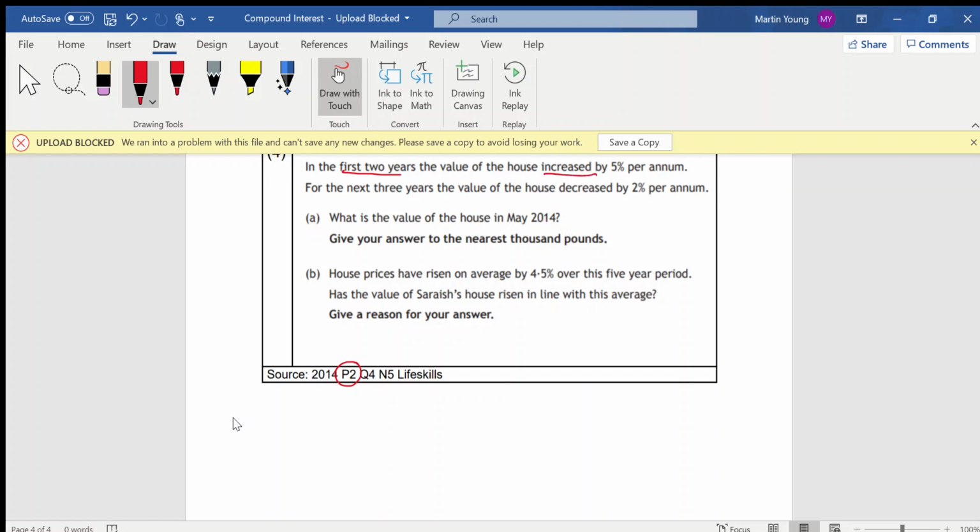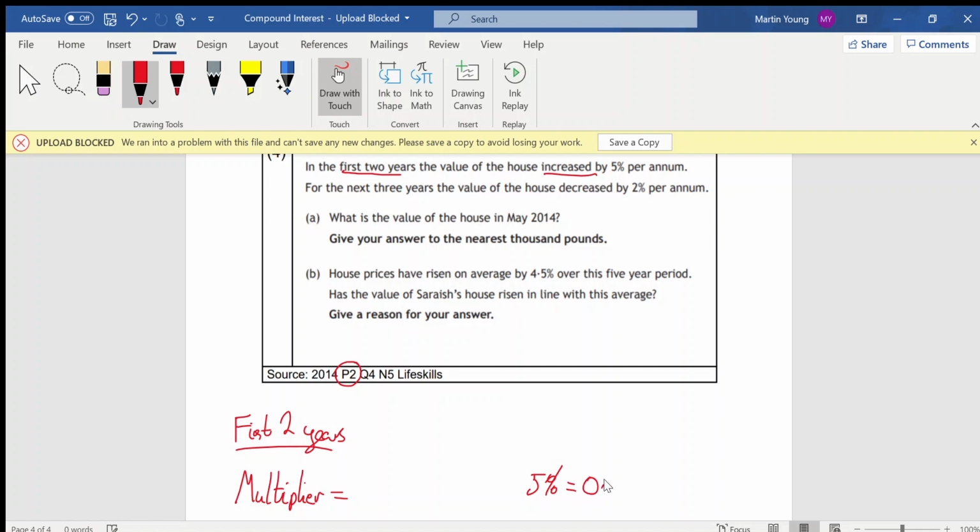So let's do the first 2 years step. Okay, so it's increasing by a constant amount for 2 years. So let's work out what the multiplier is and then kind of use our quick method for compound interest. What is 5% as a decimal?